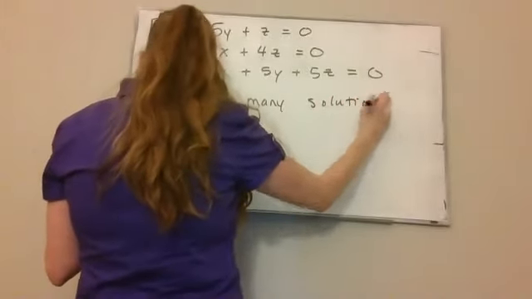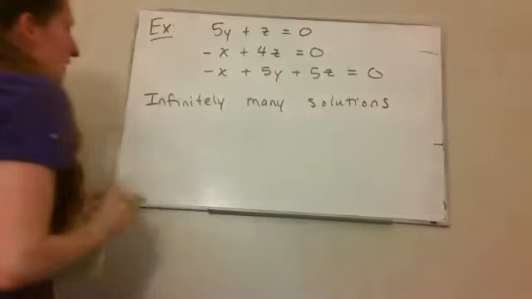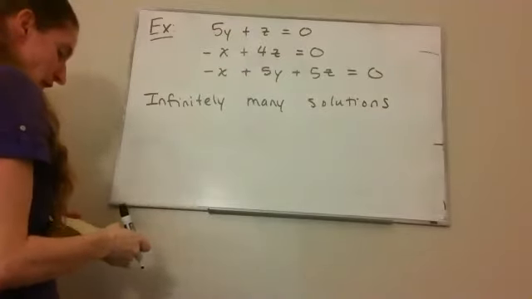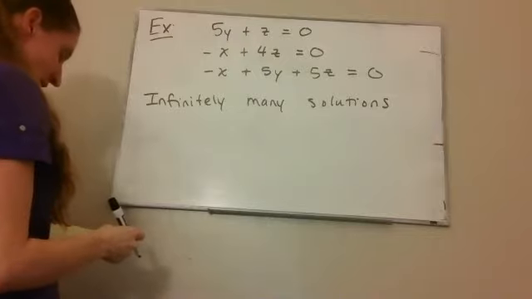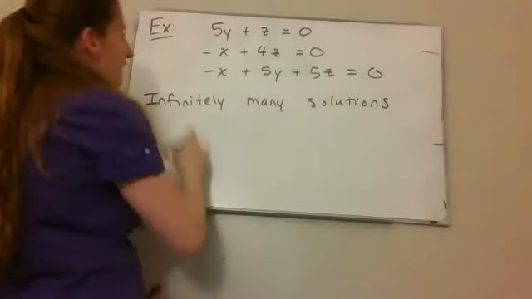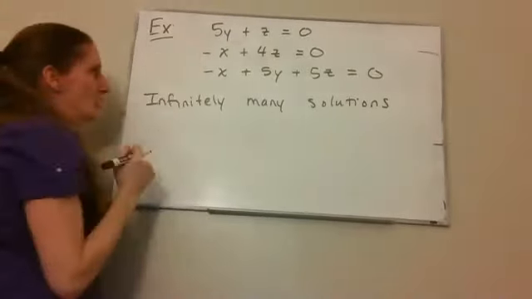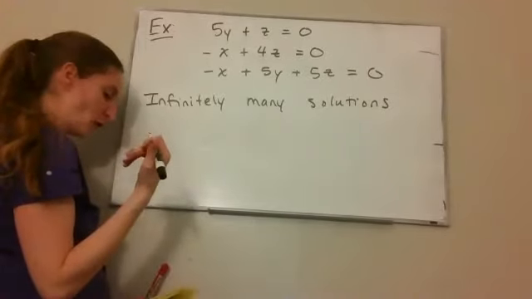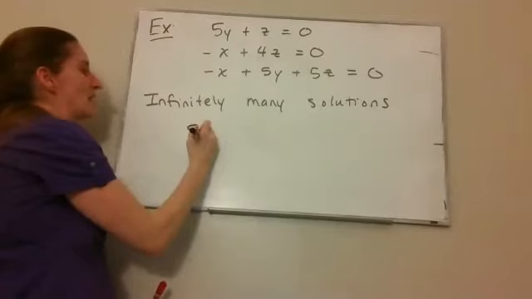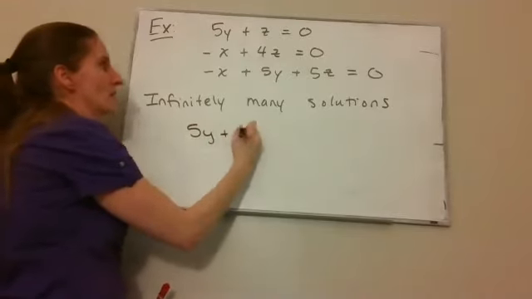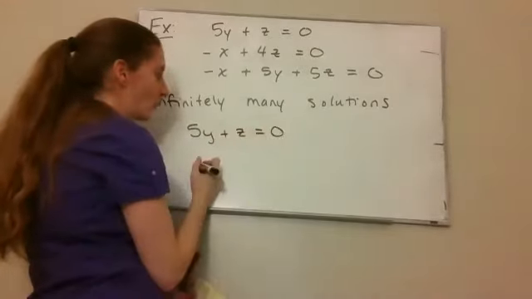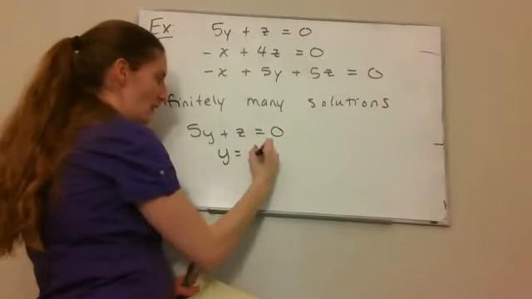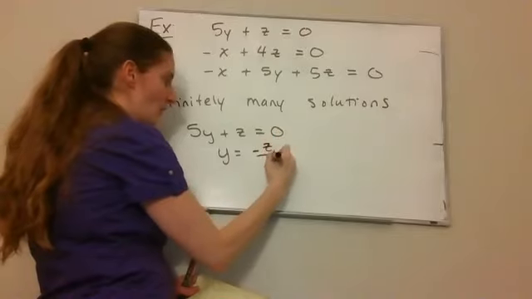And there are a lot of ways to write this in terms of one variable or another. I personally think the easiest way is to take these top two equations and solve them for both x and y. So if I take my top equation and solve it for y, I get y equals negative z over 5.